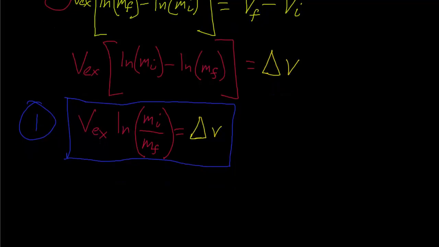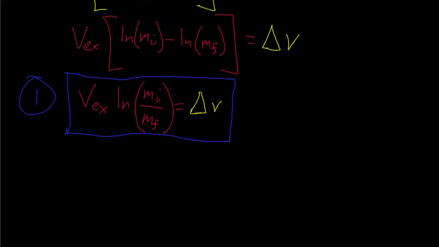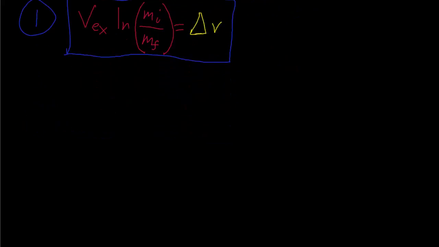Now we can get a second version of our rocket equation by dividing both sides of this equation by our exhaust velocity. So I'll do that down here. Let me scroll down a little bit. We get the natural log of our initial mass divided by our final mass is equal to the change in velocity divided by our exhaust velocity.